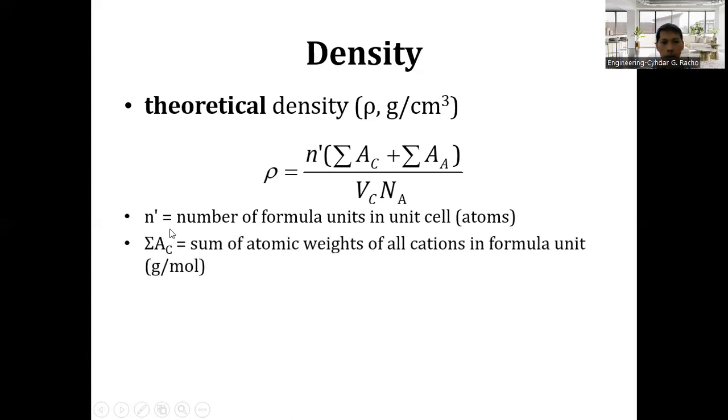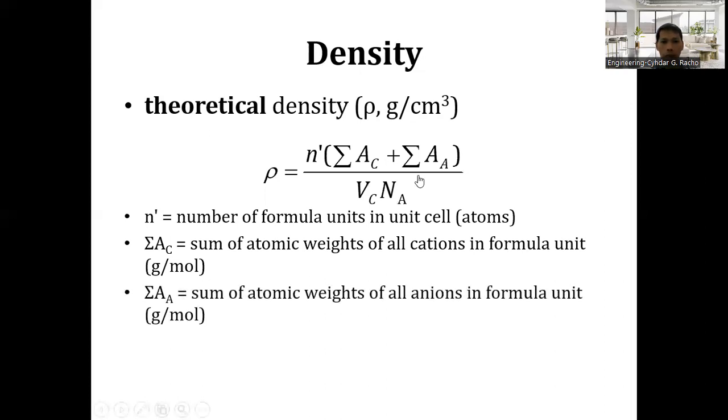your summation of A sub C, that is the sum of atomic weights of all cations in the formula unit, in grams per mole. We also have the summation of A sub A, the sum of atomic weights of all anions in the formula unit, also in grams per mole.